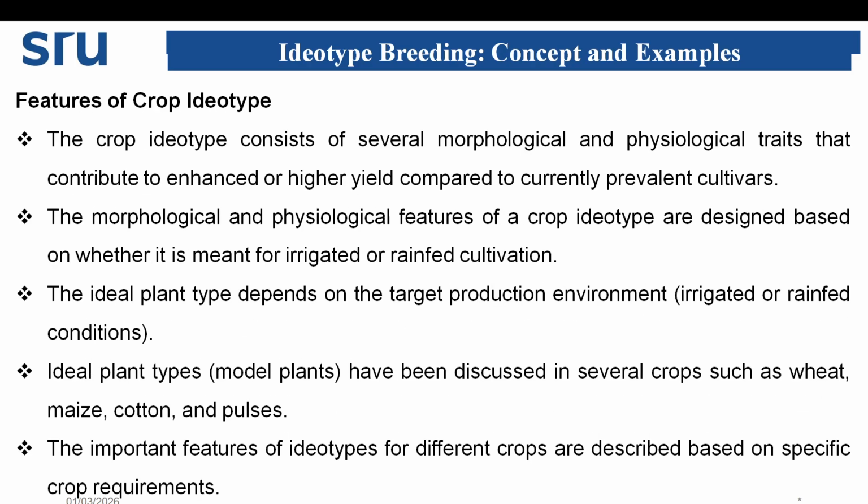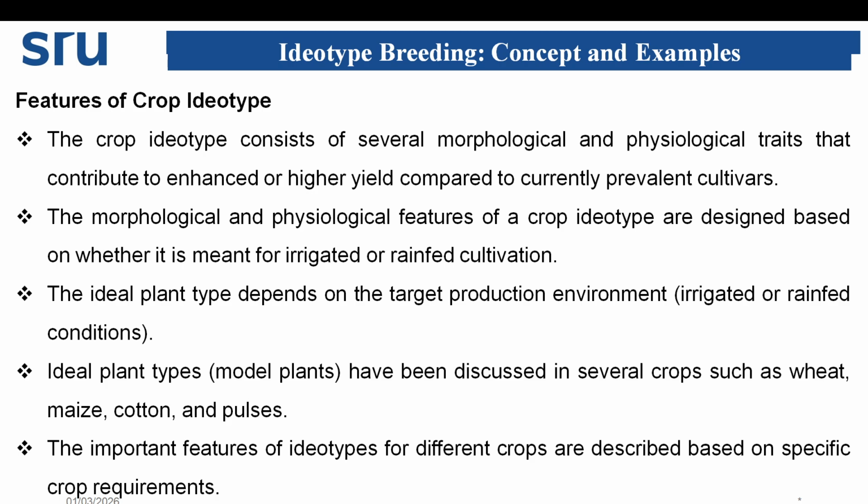So now we'll see what the features are. The crop ideotype consists of several morphological and physiological traits that contribute to enhanced or higher yield as compared to the prevalent cultivars. The morphological and physiological features of a crop ideotype are designed based on whether it is meant for irrigated or rain-fed cultivation.